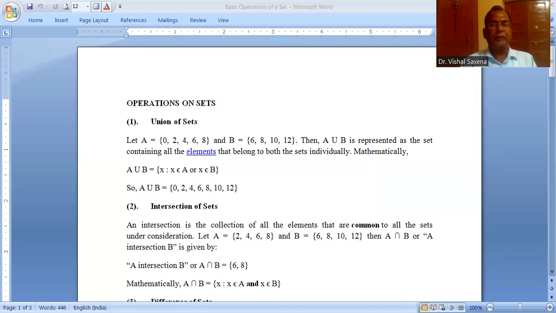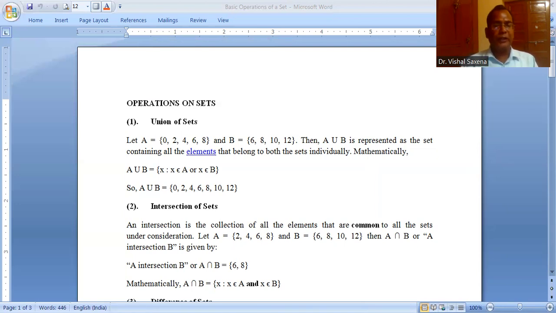It is written as A ∩ B, using the inverse of the U symbol, and that is equal to the set of those x such that x belongs to A and x belongs to B. So this is the definition of the intersection of two sets. It means the set of all those elements x which lie in both sets A and B.